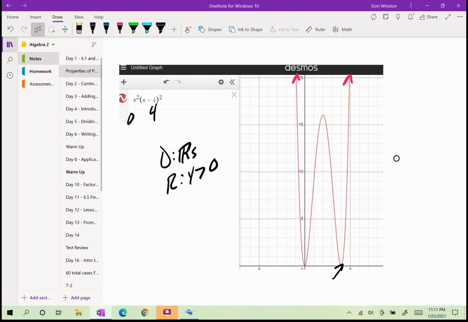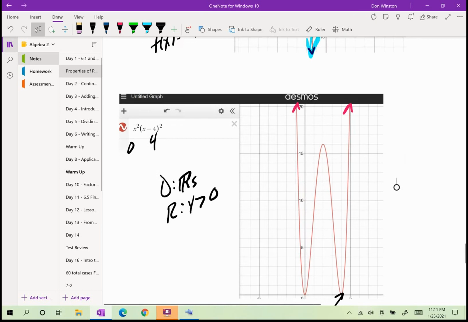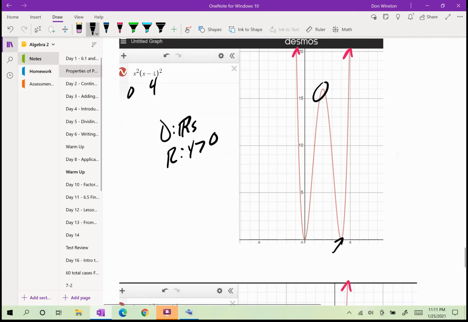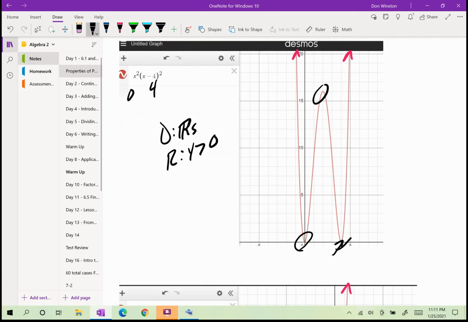I don't have any global maximums though, because that graph just keeps going up and up and up. I do have a local maximum there. But I do have a global minimum. You see, there's no point on that graph that is lower than those points. I have a global minimum.